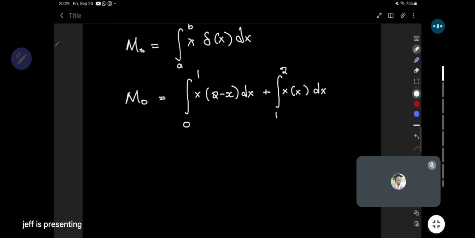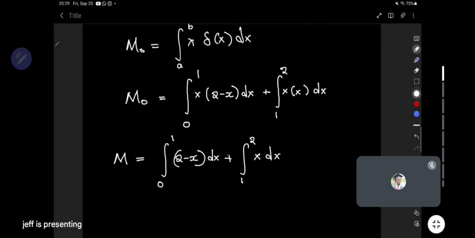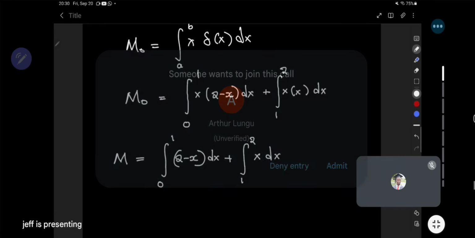In the same way, to get the mass, something similar. The mass will be different for each interval. From 0 to 1, the mass will be given by 2 minus x dx. But from 1 to 2, the mass will be given by x dx. When you integrate this, add the results.